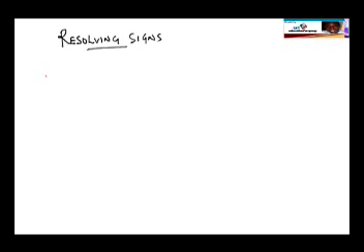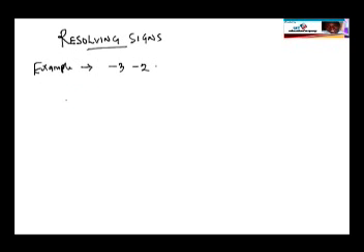Example, let's take an example of what we're talking about. If I have minus 3 minus 2, in this case I'm not having multiplication in any of the two signs. It's just minus 3 minus 2, and this will be to resolve signs.